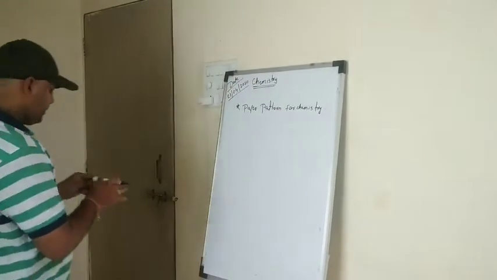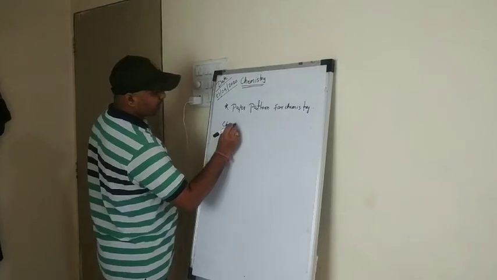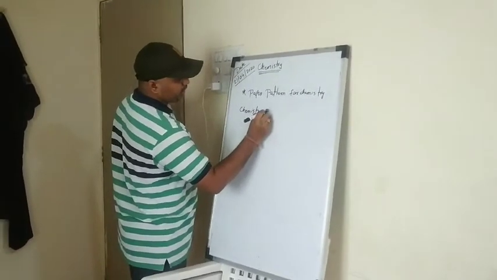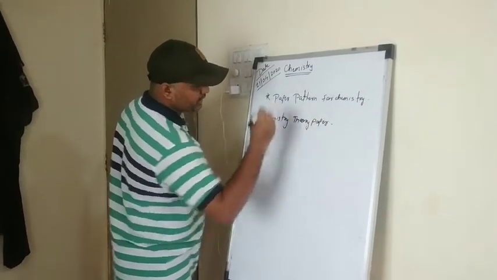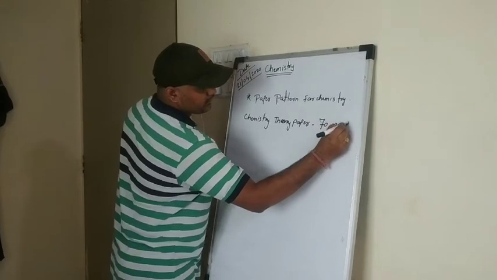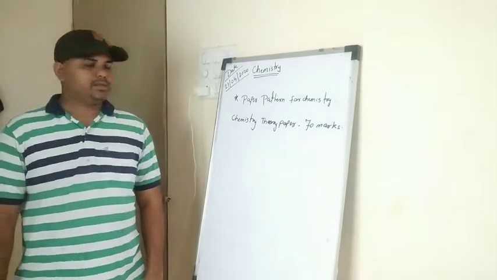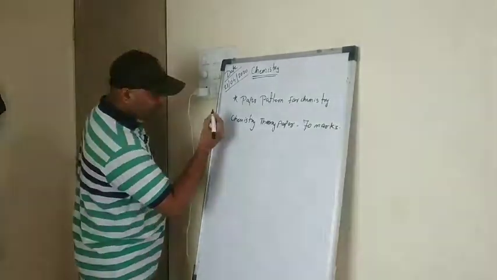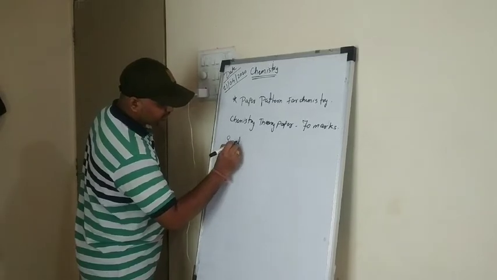The paper pattern for chemistry: our chemistry theory paper is for 70 marks, and the paper is divided into 4 sections.